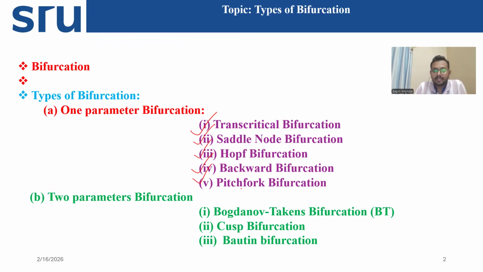For two-parameter, it is the Bogdanov-Takens bifurcation, also known as BT bifurcation. Another one is the cusp bifurcation, and the third one is the Bautin or generalized Hopf bifurcation.